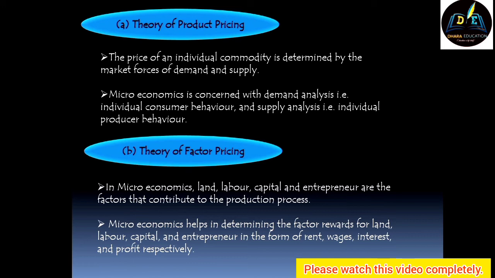So product pricing deals with an individual commodity and the market forces of demand and supply. Demand analysis is about individual consumer behavior, and supply analysis is about individual producers' behavior.